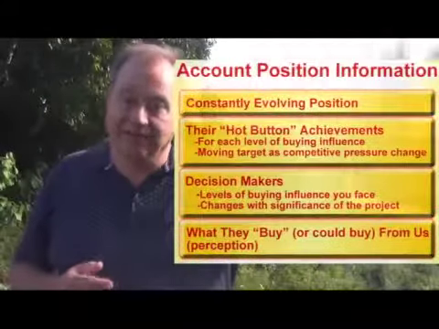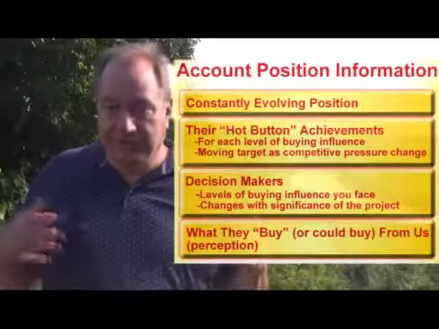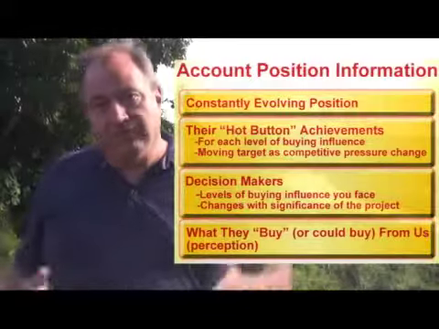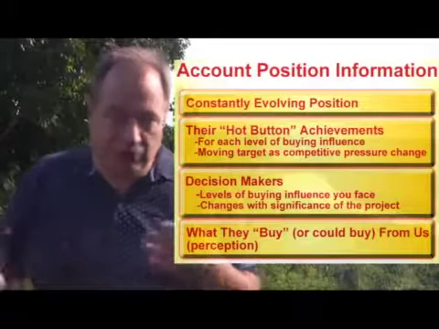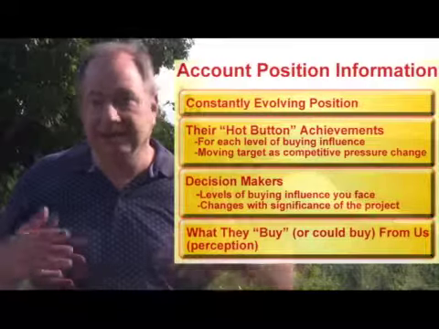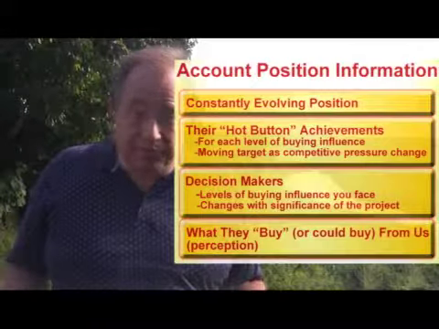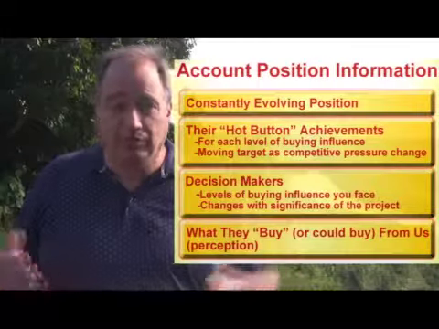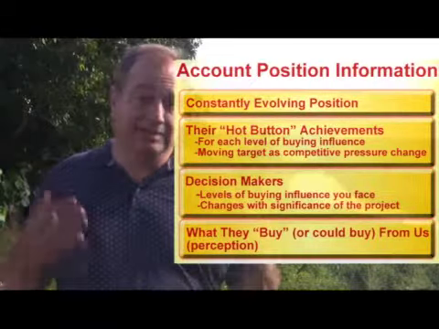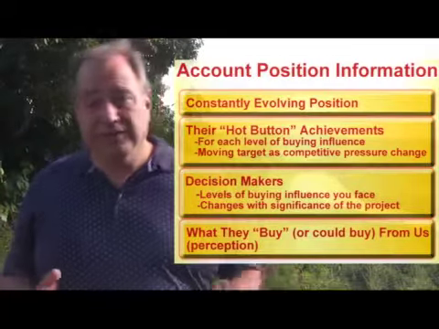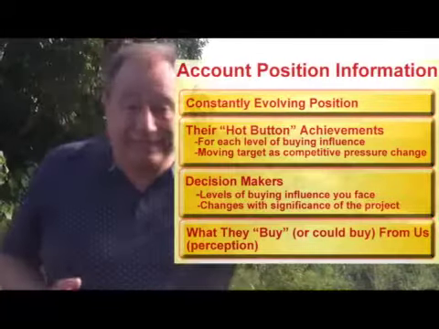Okay, we have those 6 buying perceptions of us, what they think we can do for them. And we know some performance pressures, and we've identified the decision makers, and this is a mound of information we are continuously updating as performance pressures change, as people get promoted or demoted, or as decision makers change based on particular achievements they have delivered.